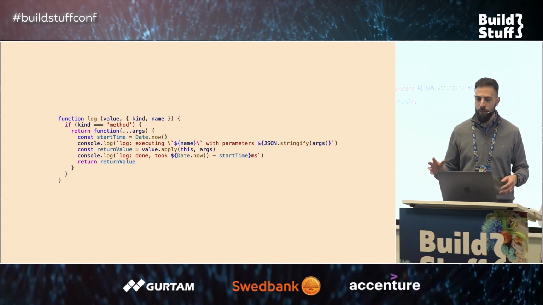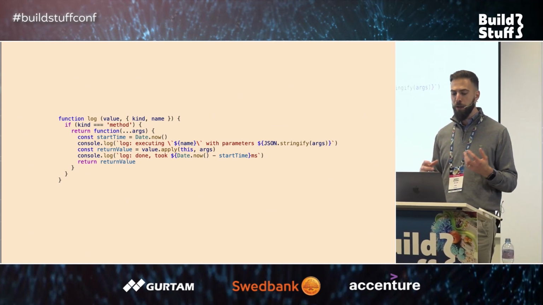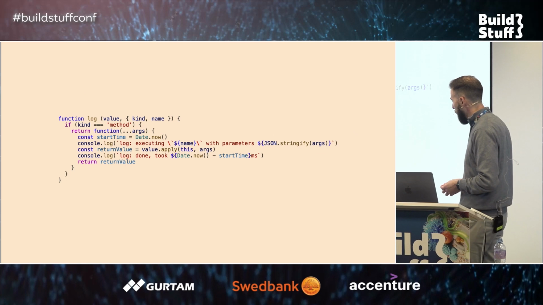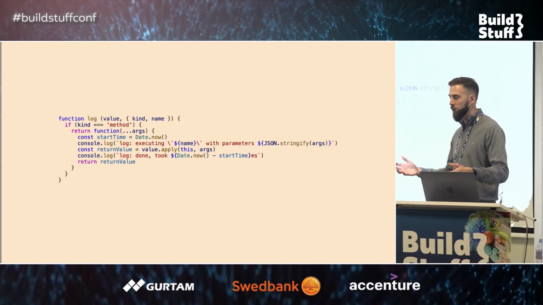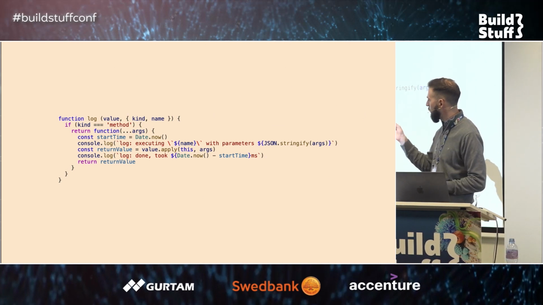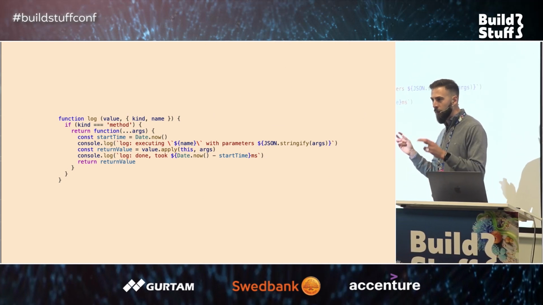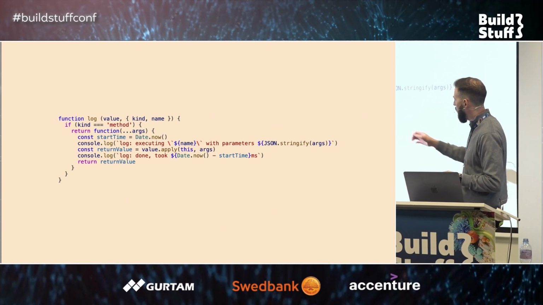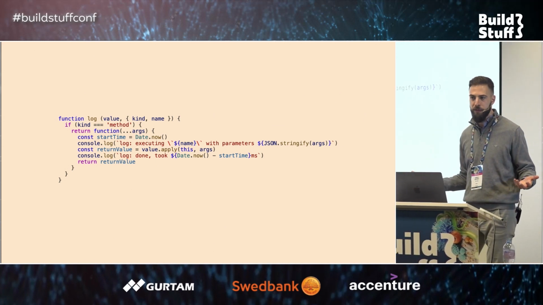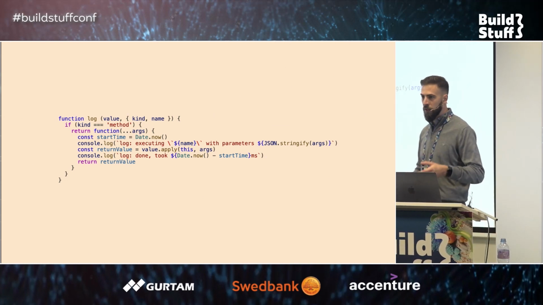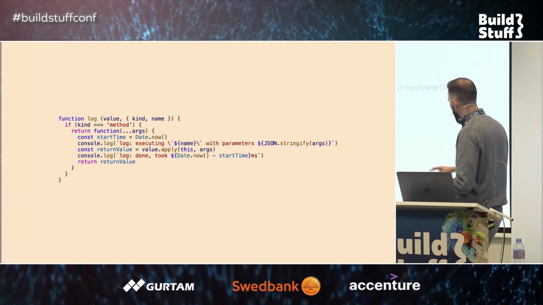It takes a variable amount of arguments, and then what we do when this method has been called is we take the time it was started. Then we log, we say executing name. Name is going to be the name of the decorated entity, so in this case, the method name with parameters.